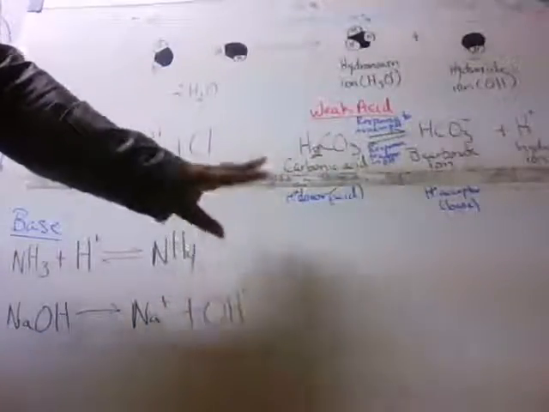The carbonic acid gives the hydrogen away, but the bicarbonate ion accepts the hydrogen. I know it sounds a little confusing, but as you go along, you will understand better. It will become more clear to you.